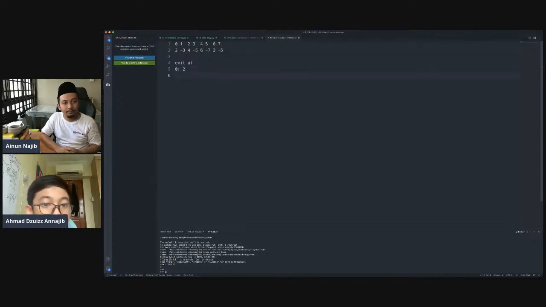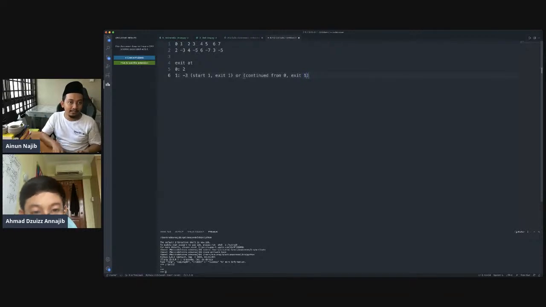Now if I have to exit at 1, that means my choice is either I start from 1 and exit at 1, which is minus 3. So start 1, exit 1. Or I can also continue from before, from my left, which means I continued from 0. Continued from 0, exit 1.